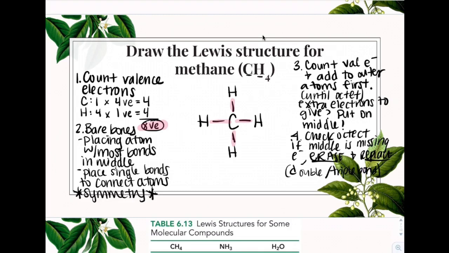So for your notes, just make sure you have these steps, and I'll be going back over them in class as well, but make sure you have these steps for your notes, and then we'll move on and do some more examples.